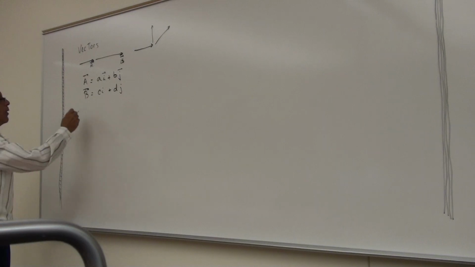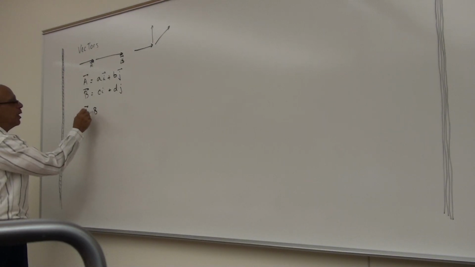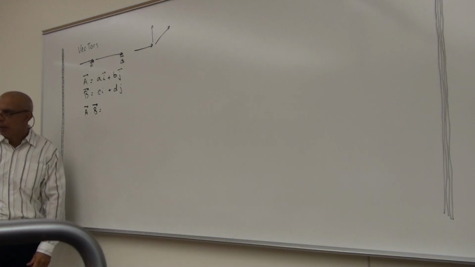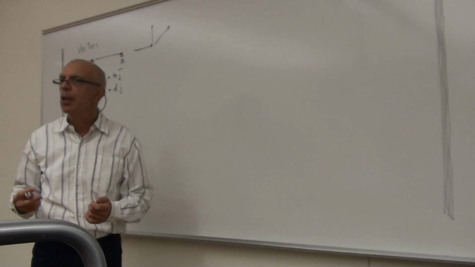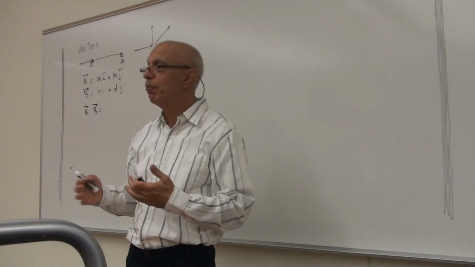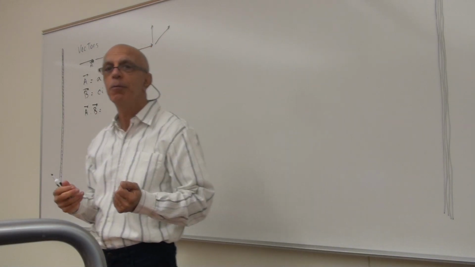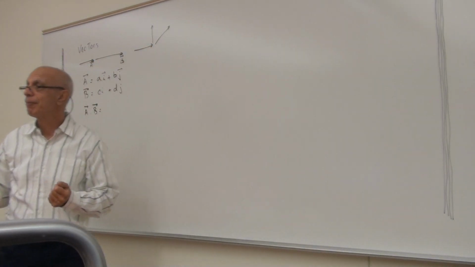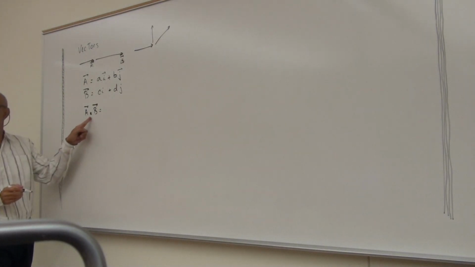Now, what about the product of A times B? When we talk about the product of vectors, there are a couple of different products. There are two names. Do you guys remember? The dot product and the cross product? Exactly.